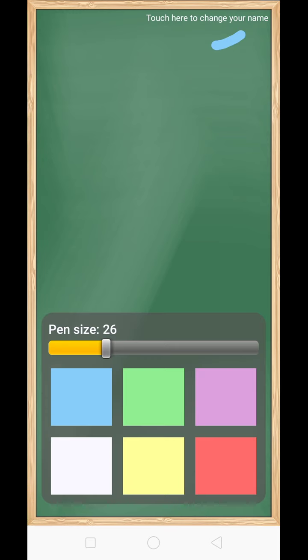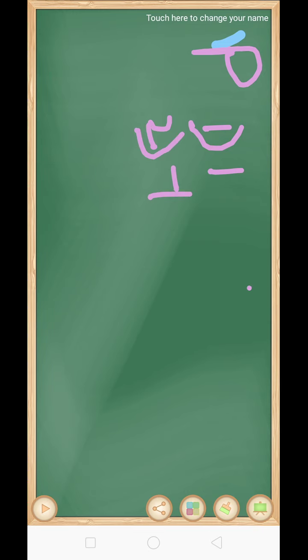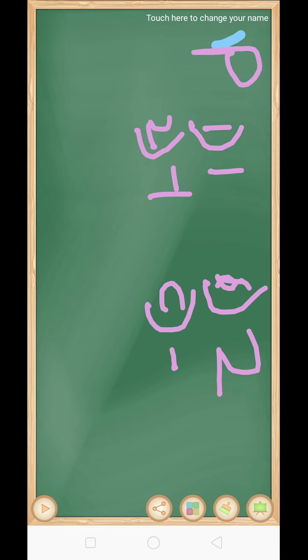Question number 1. We are given four values of p, and the question is: what is the possible value of p?